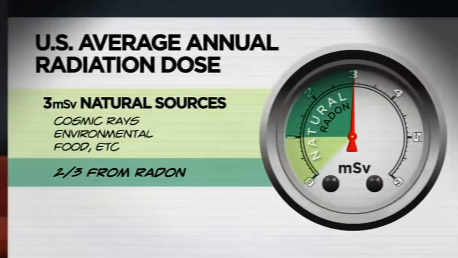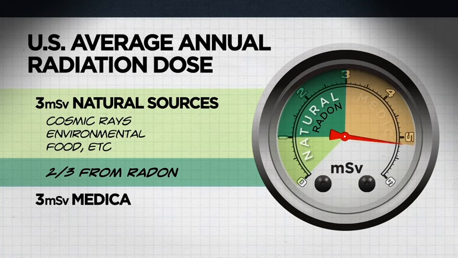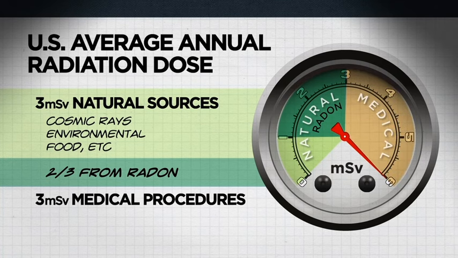And of course, region to region, place to place, sometimes even with radon, home to home, there's variation. So we always have variation in the amount of radiation we get from the natural environment. But on average, we get 3 millisieverts of radiation from the environment. That's living on Earth. On average, we get another 3 millisieverts from medical procedures. And a lot of us are getting X-ray exams, CT scans, and so forth.